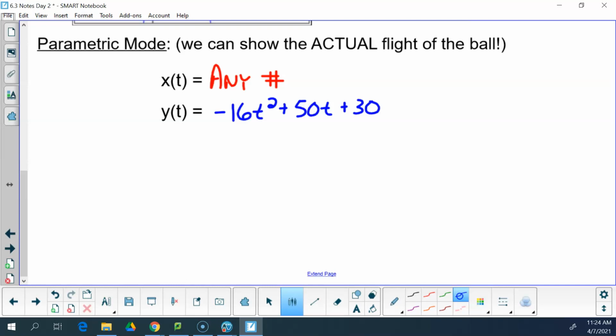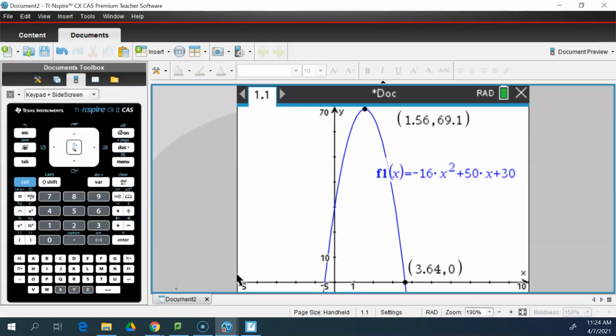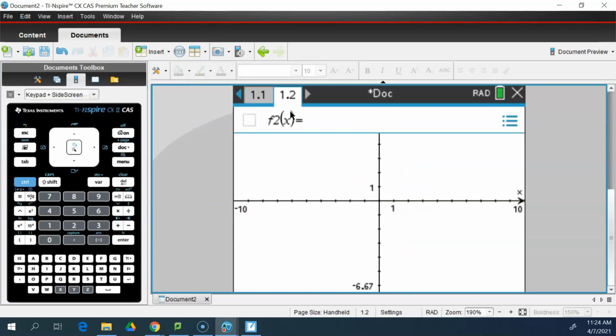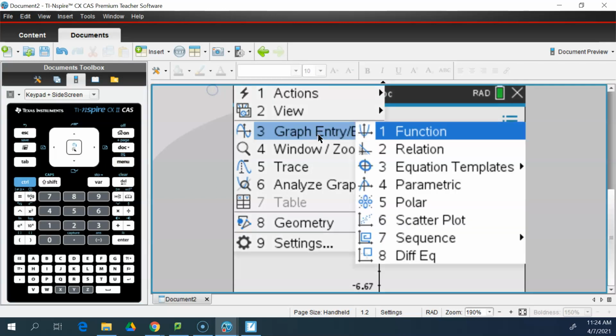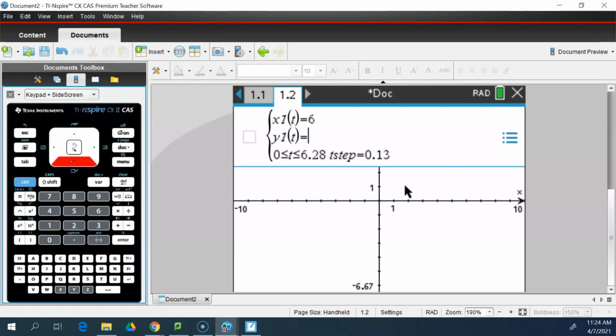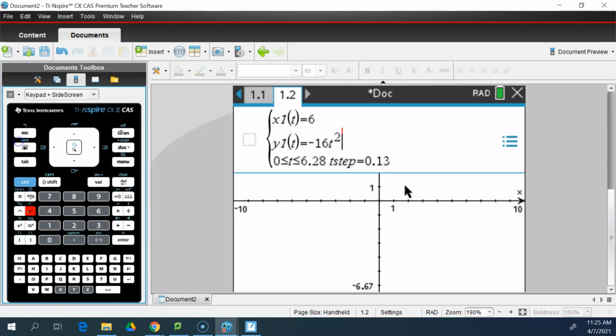So when I go to my graphing utility, I'm going to add a page, add a graph, and switch this to parametrics. I can pick any number that I want. I'm going to pick 6. Then I put in negative 16t squared plus 50t plus 30.